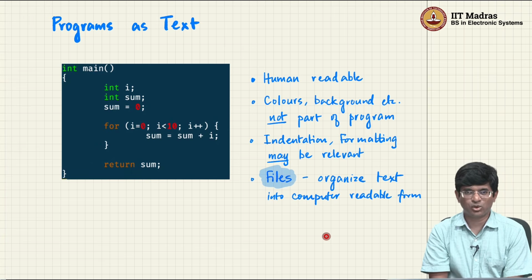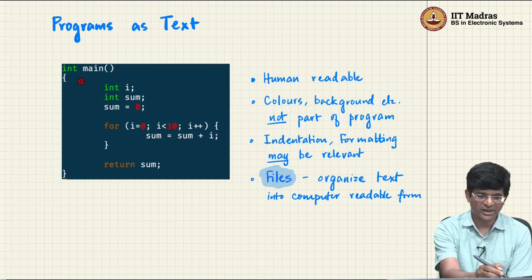They are not part of the program, so you could change those colors and nothing changes in the program. That's actually interesting, because there have been some programming languages that tried to make use of things like color to indicate the nature of certain parts of a program. But most programming languages don't, and C in particular does not.